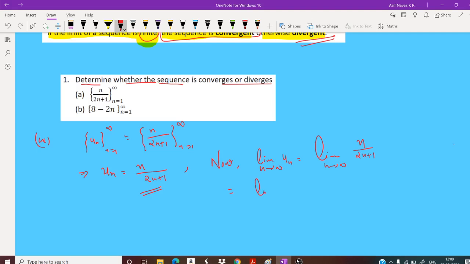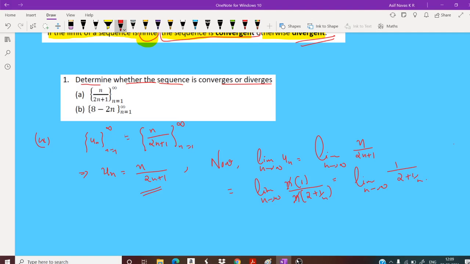This is equal to limit n tends to infinity. So I am taking n outside: n into 1 divided by n into 2 plus 1 by n. So I can cancel out this n and n. So limit n tends to infinity 1 by 2 plus 1 by n.